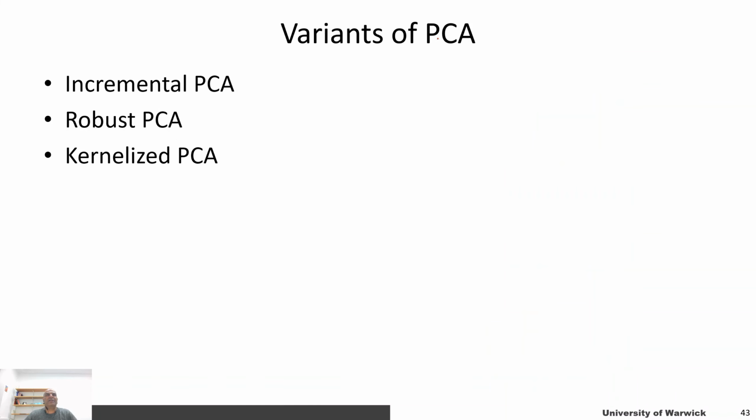There are other variants of PCA as well. One of them is called incremental PCA, which builds these principal component bases incrementally, and it's available in sklearn. One of the issues with PCA is that it's not robust. What that means is that, let's say you got a data set like this one, but you have one point that is far away from this, then the basis that you're going to get is going to be disturbed by the presence of this outlier.